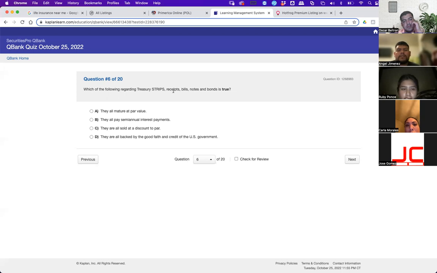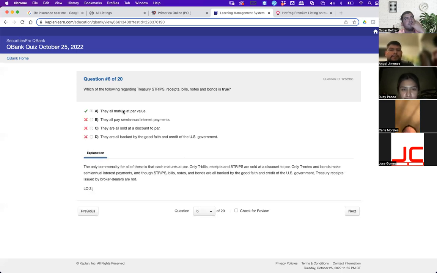What about receipts? Receipts are... bills, notes. Yep. Because they're all not C. They're not sold at a discount. It's just bills that are sold at a discount. So what do you think it is? D? I thought it was A. A? There it is, A.